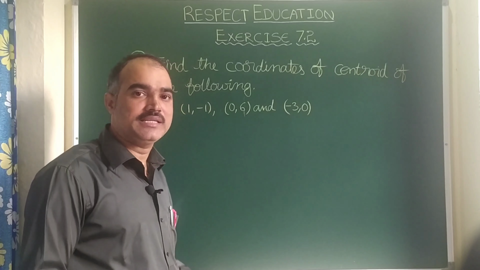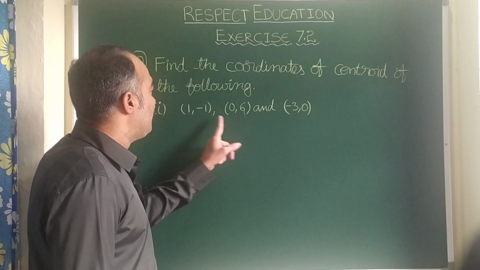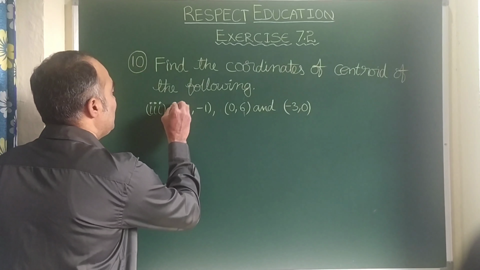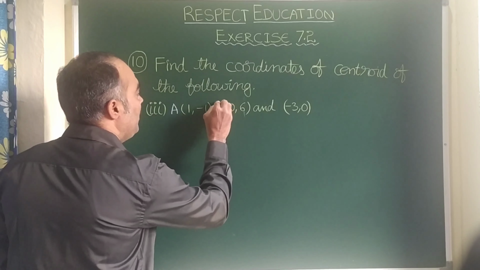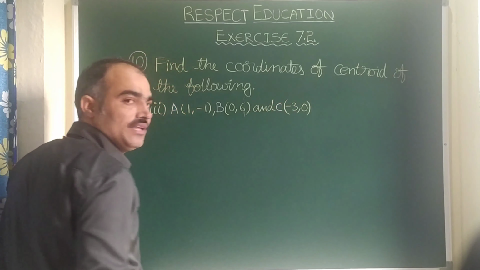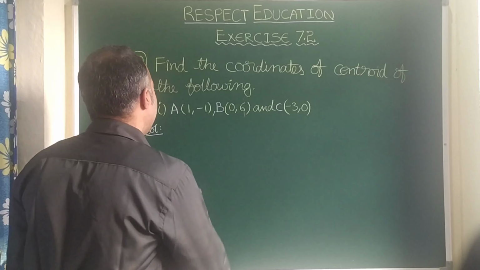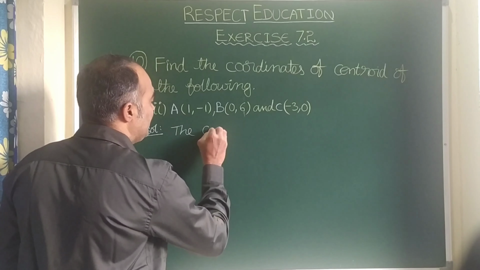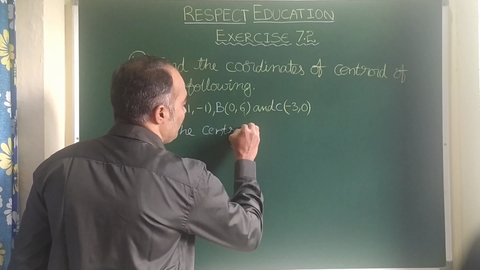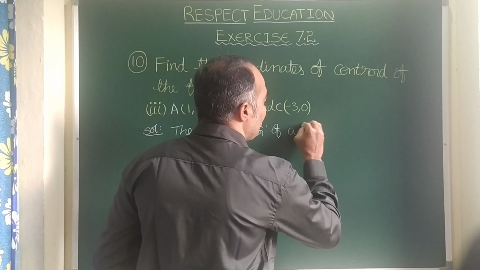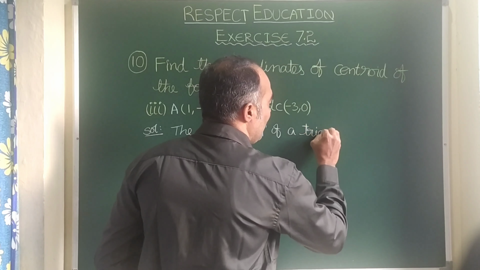Now let us see next bit, that is third bit. Here 3 points are given. We need to find the centroid, right? So let us label them as A, B and C, right? So as we know the centroid formula, let us write here. The centroid G of a triangle formed by, let us write the 3 points.